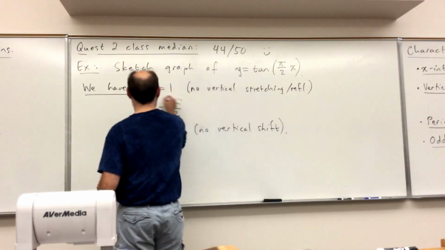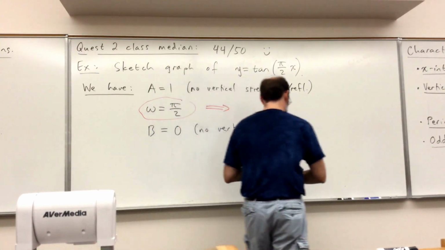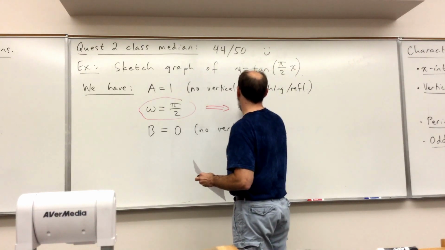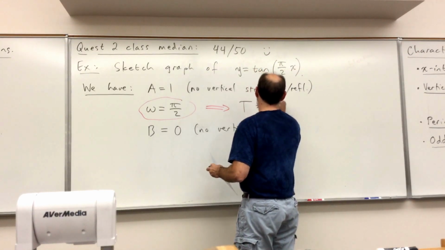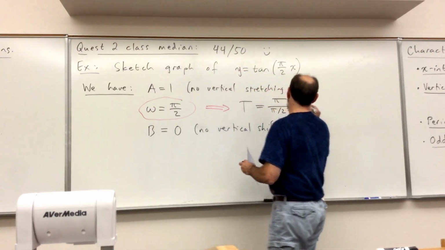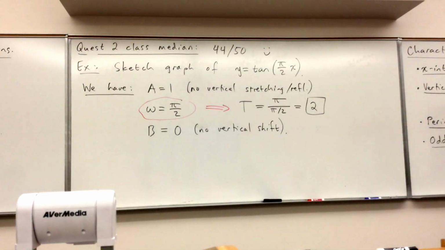So omega equals pi over 2, that implies that T equals pi over omega, or pi over the absolute value of omega, which is pi over pi over 2, which is going to be 2. So this tangent function has a period of 2.